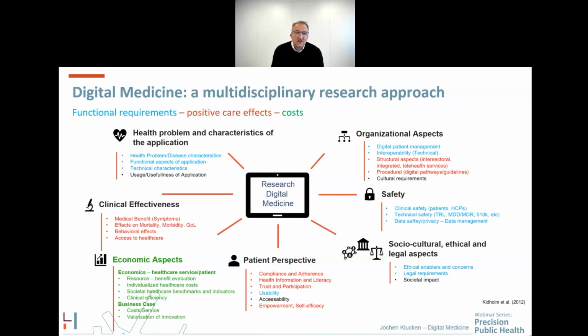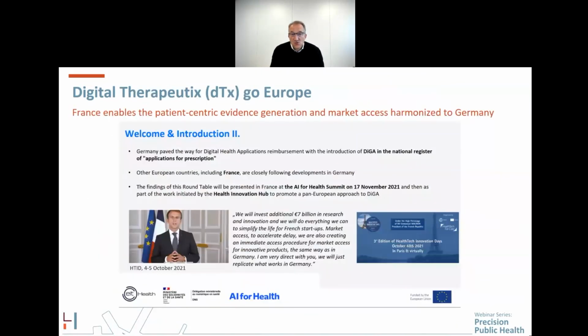And I have to tell you that this is not just a story that happened in Germany, but early in the beginning of November, Macron announced 650 million euros for the same process in France. So we see now that these new types of digital therapeutics, as a valorization of our research, become something very relevant in healthcare, and they reach the market.